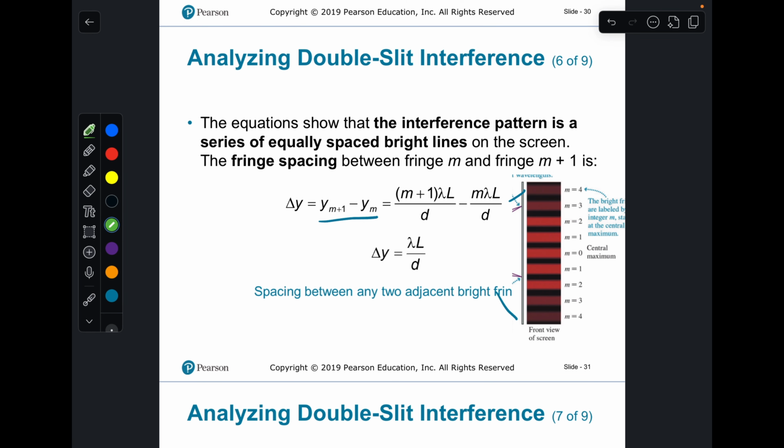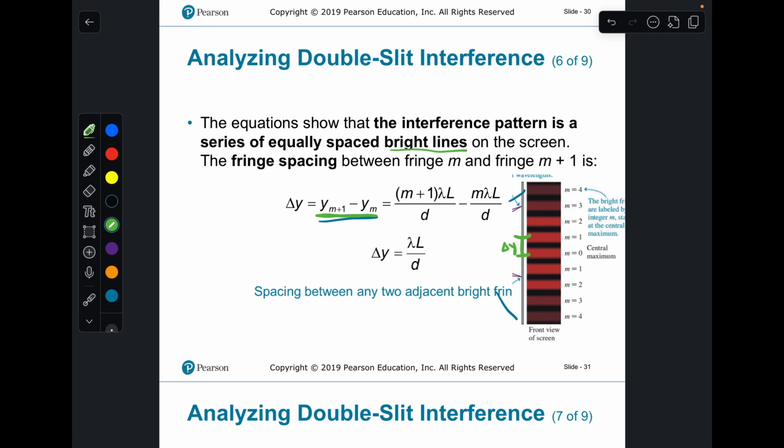From those, we can develop some additional equations, and one of them is the spacing in between bright fringes. The spacing in between bright fringes is going to be the distance between the two y values of the adjacent fringes. So in other words, the height between m equals 1 and m equals 0.